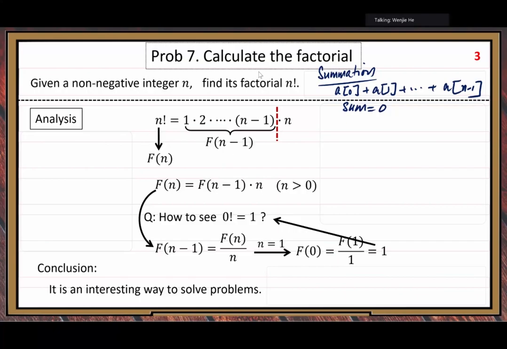Then in a for loop, the sum equals sum plus a of I, right?